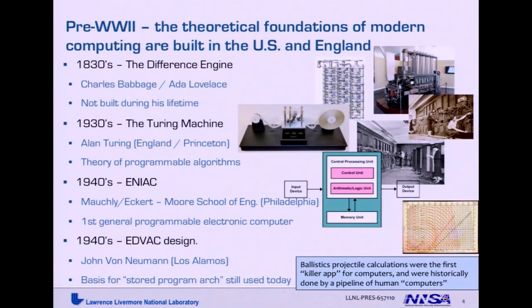It was the 1940s with a machine called the ENIAC that we really had the first electronic computer, the first demonstrable computer, and then later, a man named John von Neumann, who was on loan to Los Alamos, helped improve on that design and really came up with the architecture that formed the basis for the mainframe era that followed. And it was really, as with most innovations, defense and World War II that was driving the technology here. It was ballistics projections that they wanted to build these computers for.